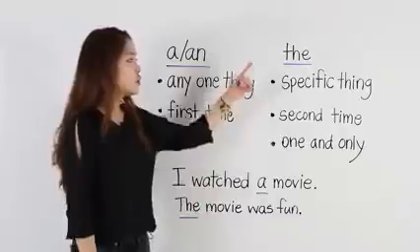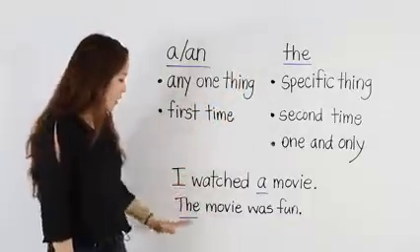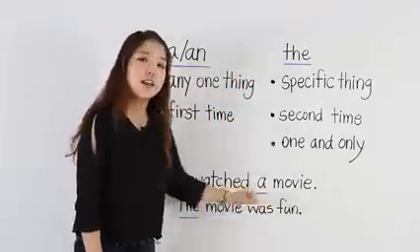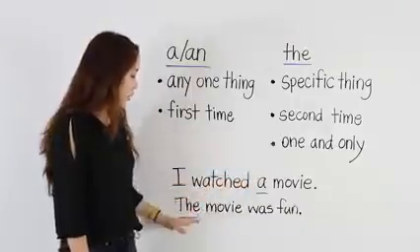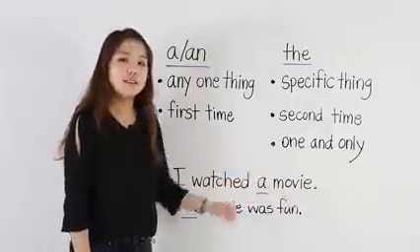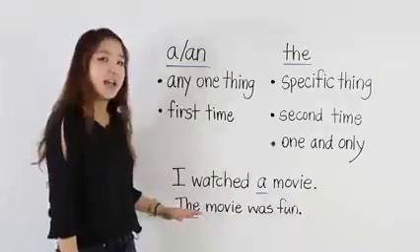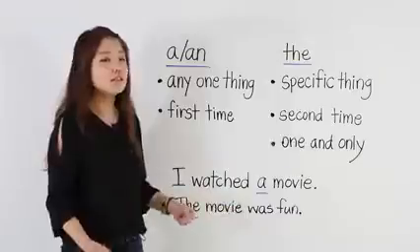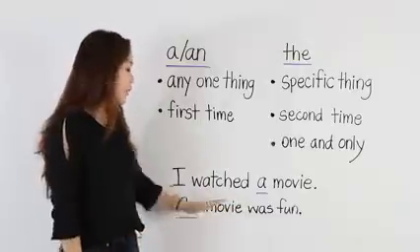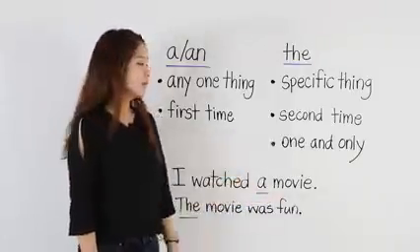I have to use the. The movie was fun. I'm talking about this one, the specific. I can't say a movie was fun. That means all movies are fun. That's not true. The movie was fun.